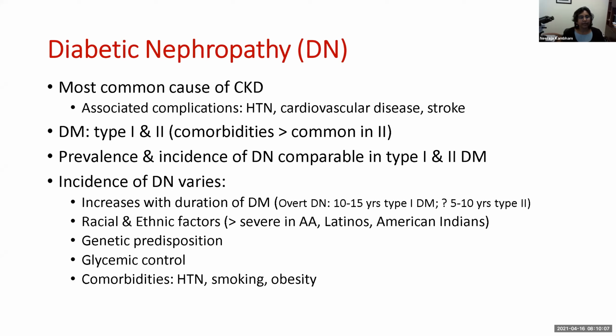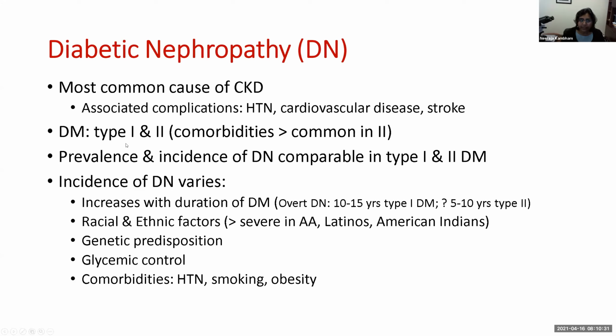So we talked about diabetic nephropathy being a very common cause of chronic kidney disease, and the patients often have complications due to diabetic nephropathy: they have hypertension, cardiovascular risk goes up, and stroke risk goes up with the presence of CKD and so on.